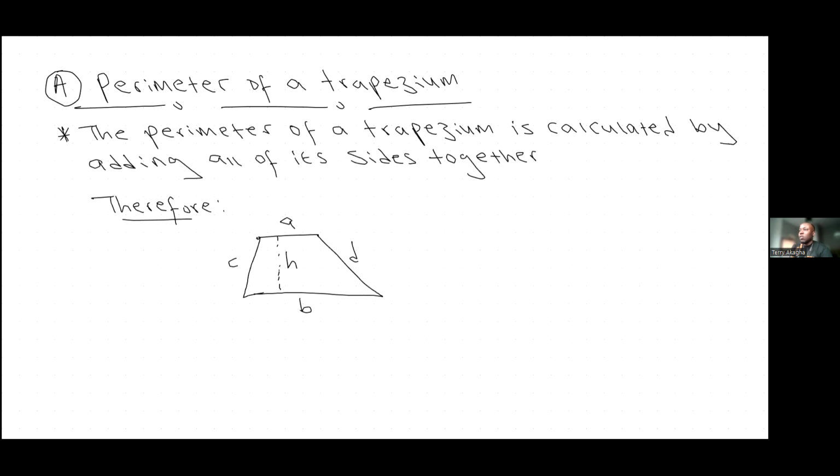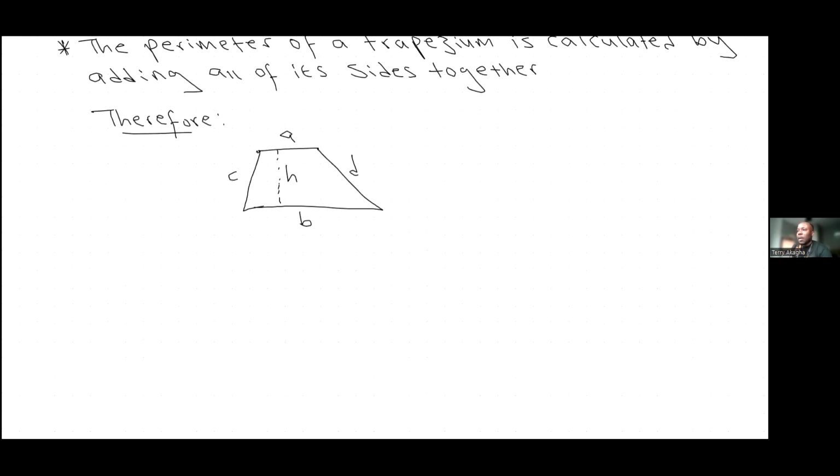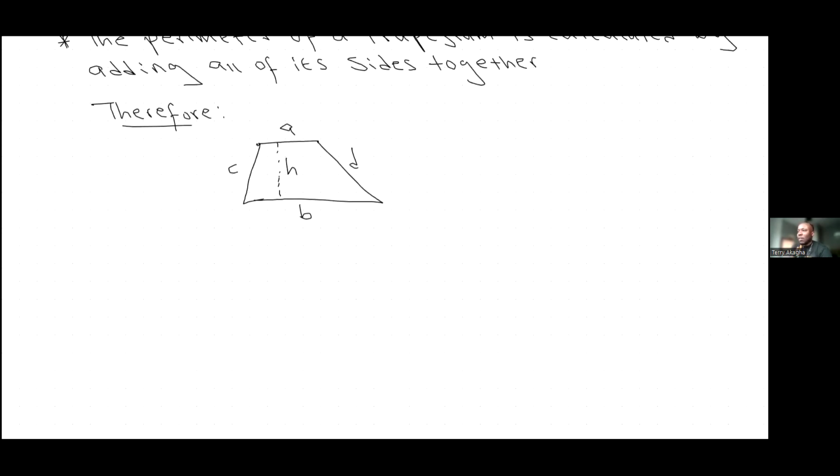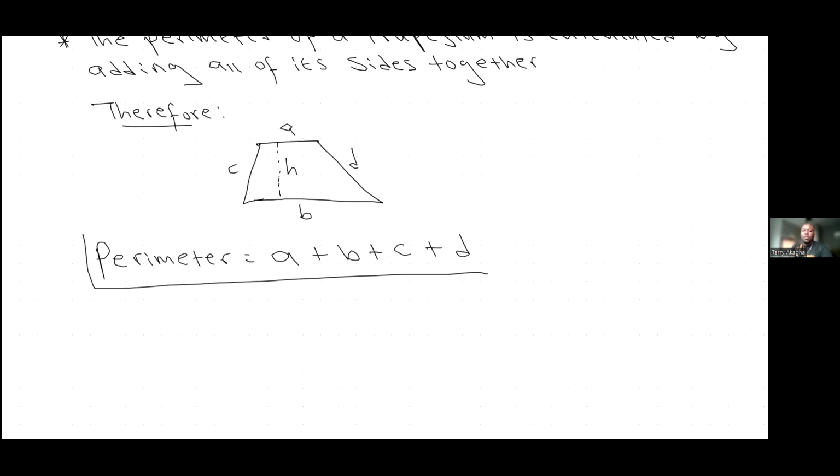It's going to be easy. The perimeter is basically adding all the sides together. So the perimeter is going to be equal to A plus B plus C plus D.